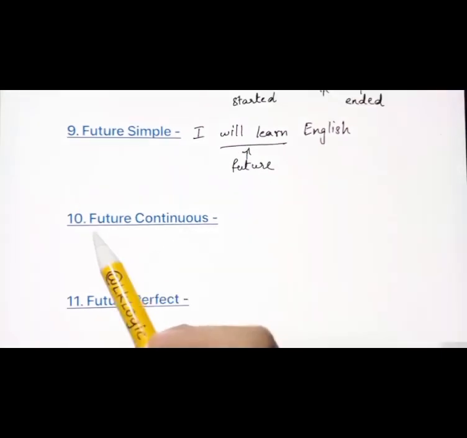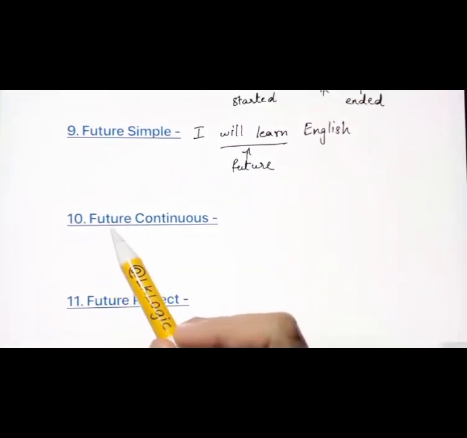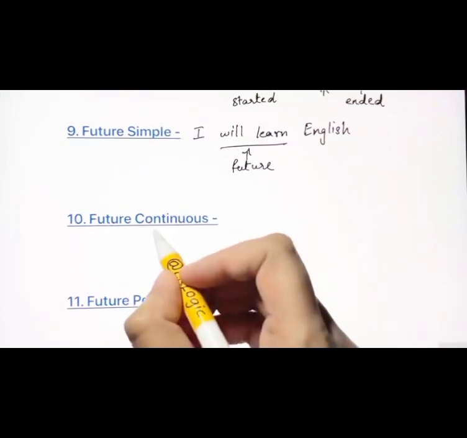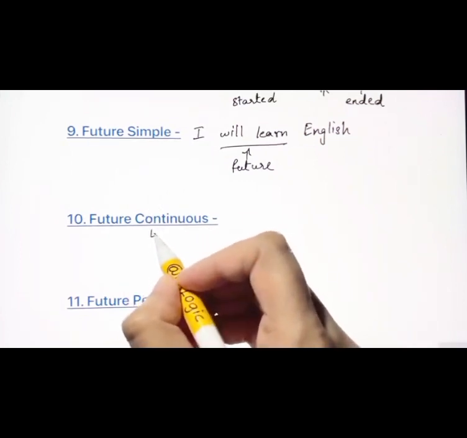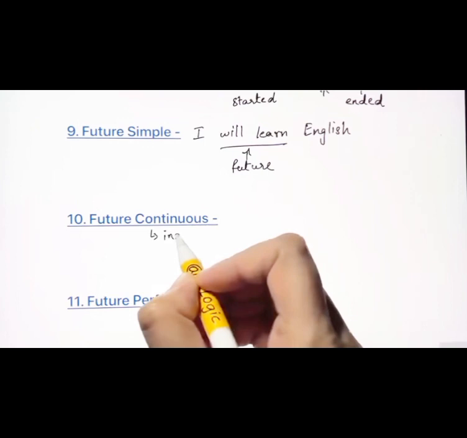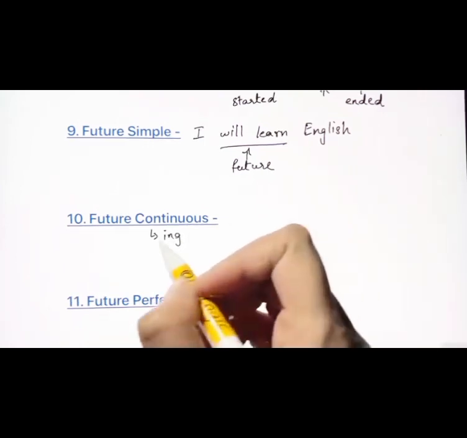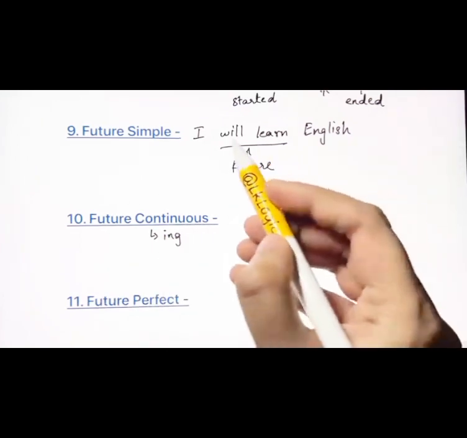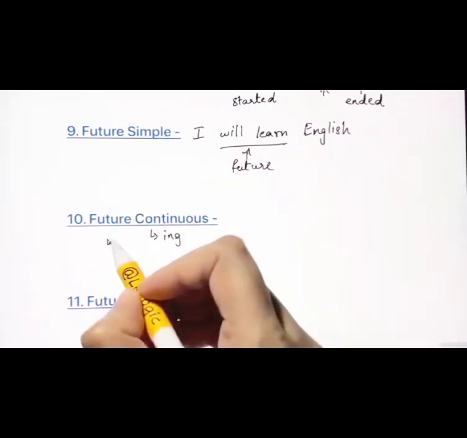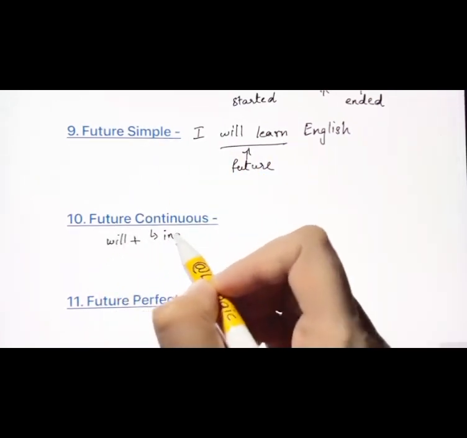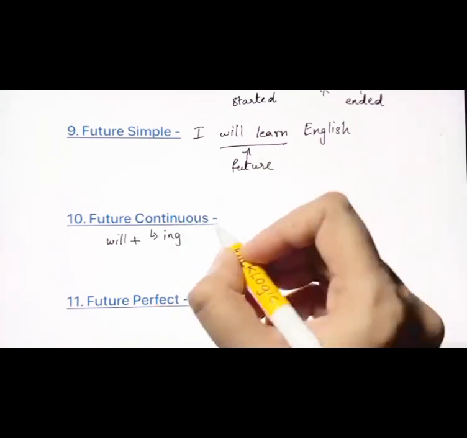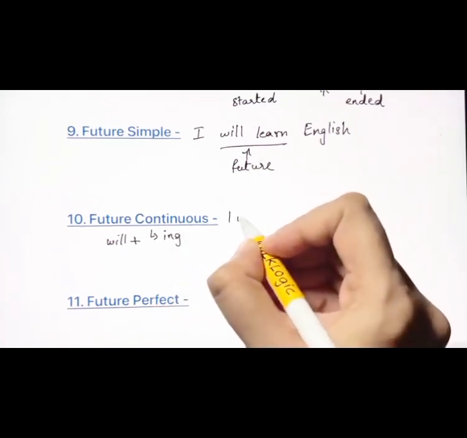That's it. What about future continuous? So as you have continuous here, you will add ing to the base verb. So with future, you will be adding will, right? Will plus the ing form of the verb. So what will be our sentence?